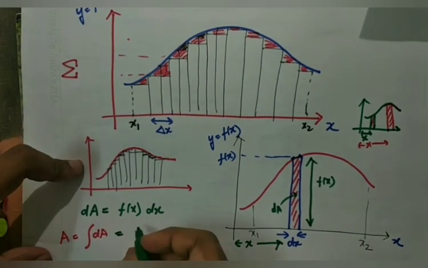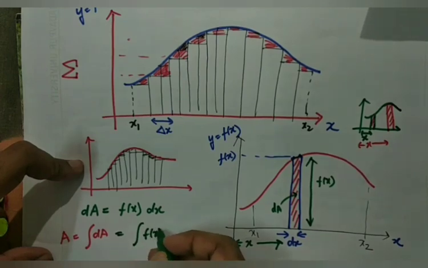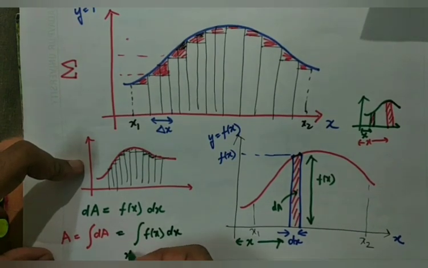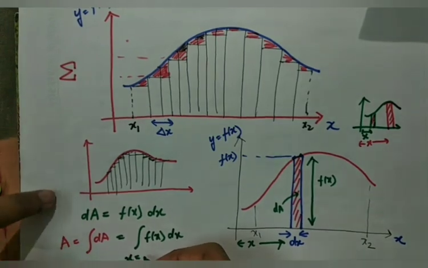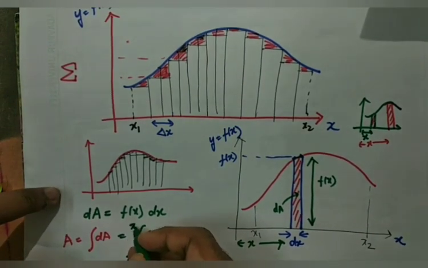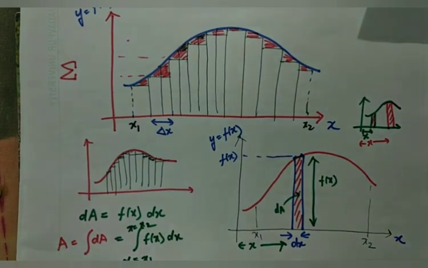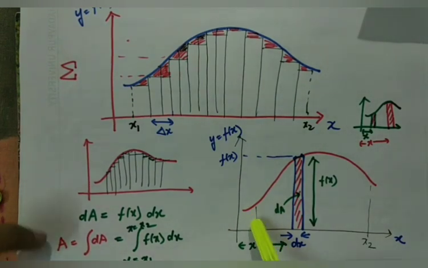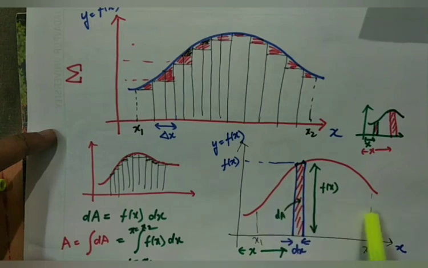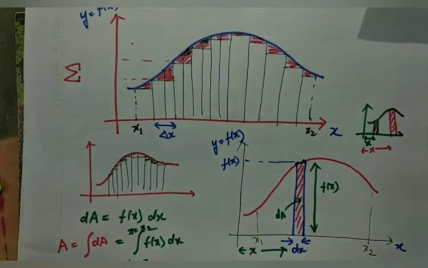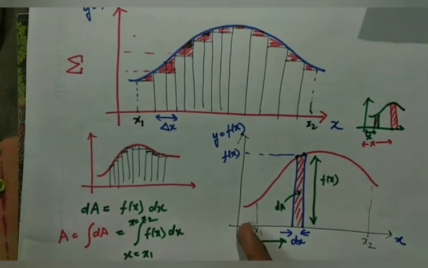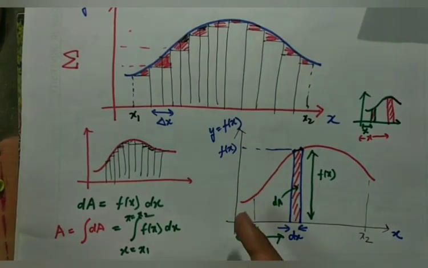That will be the integration of f(x) dx from x equals x1 to x equals x2. This is nothing but the integration. It will give you the area under this curve. I will be giving you the formula to calculate the integration, but this is the concept behind it. The concept is important to appreciate the significance of integration.